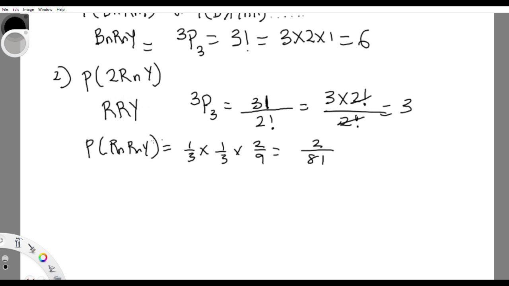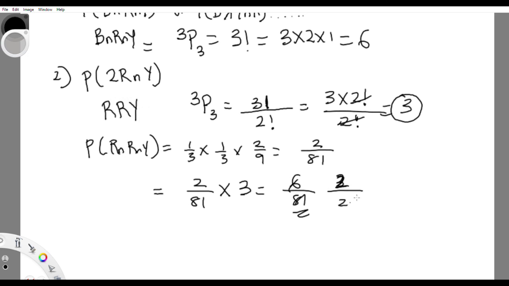Since you know that for the rest it's still 2 over 81, and you already know that the number of ways in which you can rearrange red, red and yellow is 3, you just say 2 over 81 times 3, which is 6 all over 81. And if anything can go, it's okay. 3 here to 3 here should be 27. Okay, that is that.